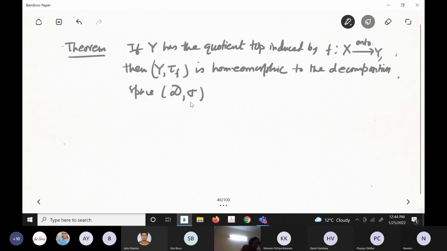This sigma is the topology I have defined. We call it the decomposition topology.